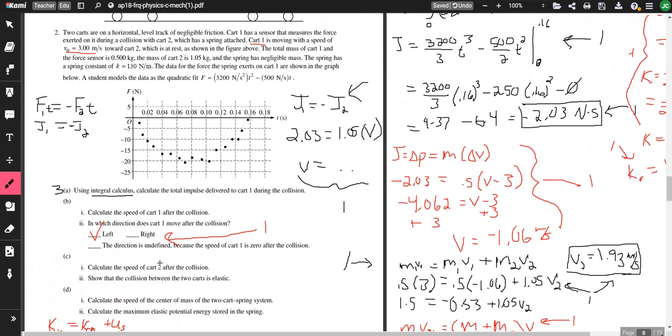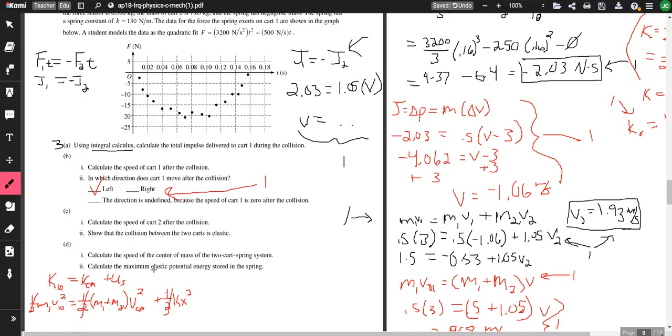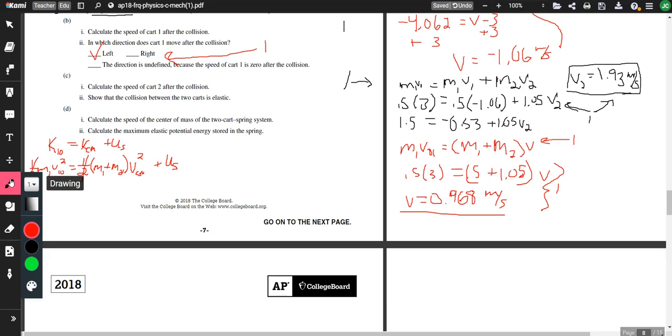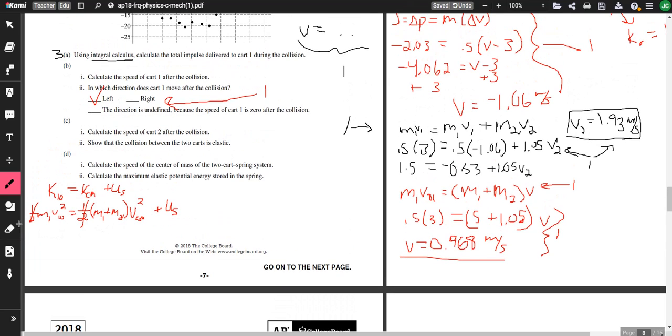I could plug my numbers in. I know what the k is, it's up here. Actually, I don't know why I'm plugging this in. Sorry, I misread the question. I thought it said the maximum compression. I'm actually going to leave that as U_s. If I do that, I'd end up getting my answer. I wouldn't actually be able to drop out the halves anymore. But if you do this, I don't feel like writing it all out right now.